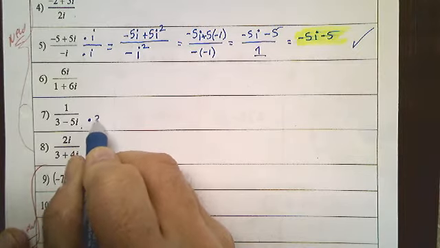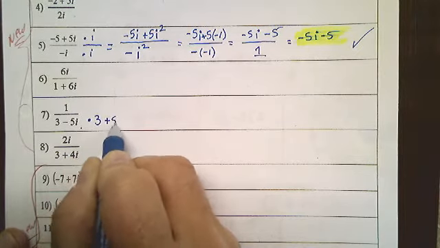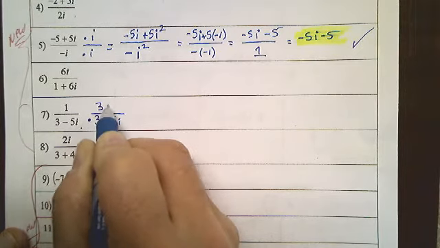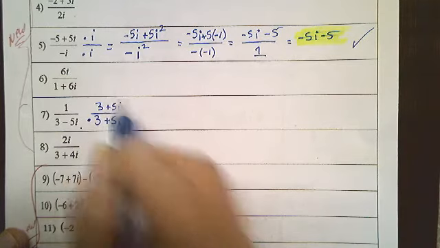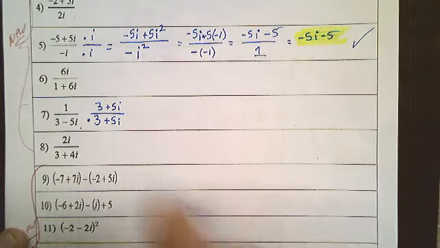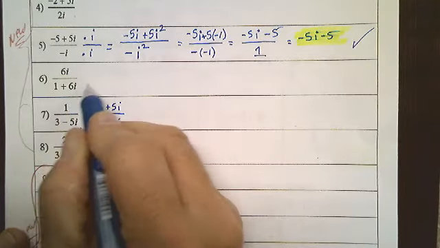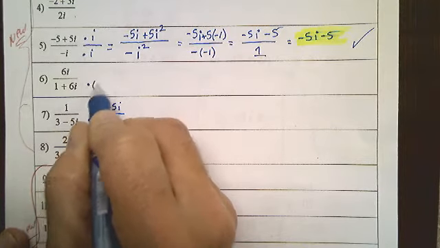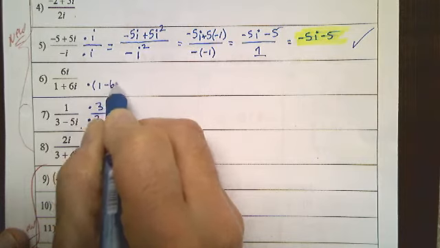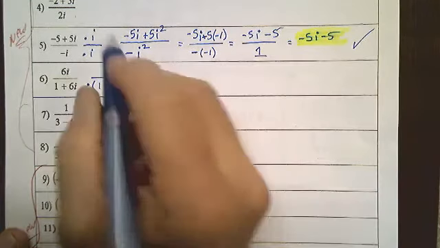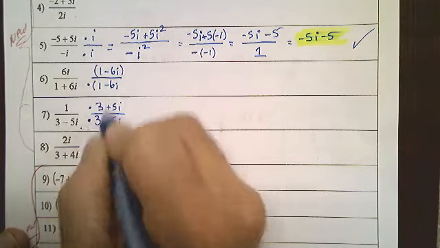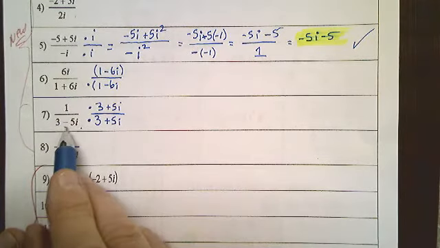So you do this, 3 plus 5i, bottom, top. On this one above it, you would be multiplying by 1 minus 6i and 1 minus 6i, called the conjugate of the denominator. All you got to do is change that sign.